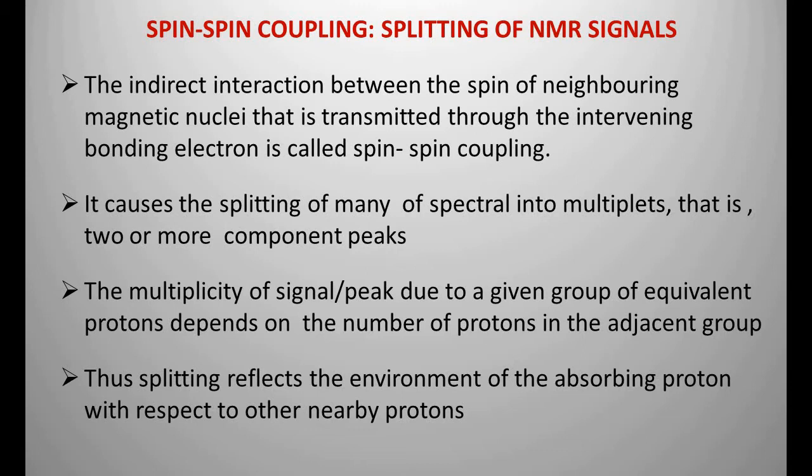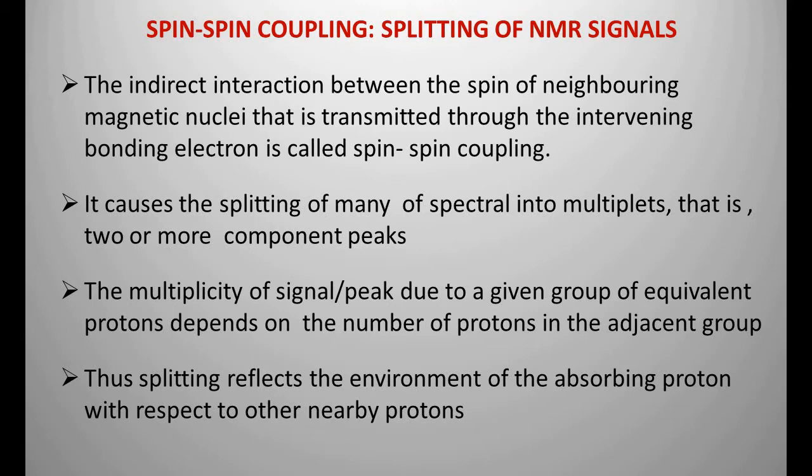We expect that one proton can produce one NMR signal corresponding to the resonance absorption, and the chemical shift helps us say how far that signal is from the standard compound TMS. That is the chemical shift.